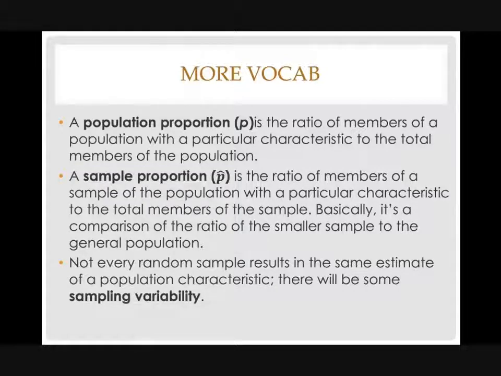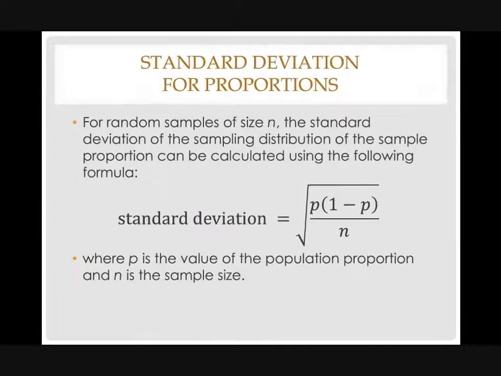Basically, it's a comparison of the ratio of the smaller sample to the general population. Not every random sample results in the same estimate of a population characteristic. There will be some sampling variability. So taking smaller groups, you may not always get the same outcome, but they should be more or less close. You should see a common behavior that emerges.